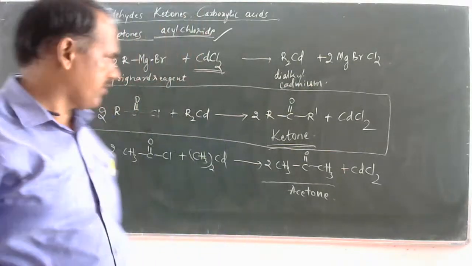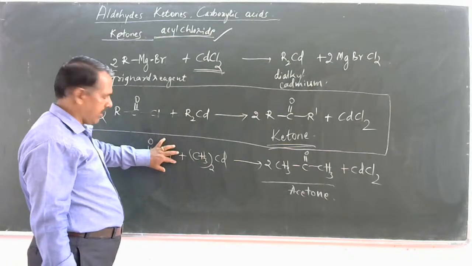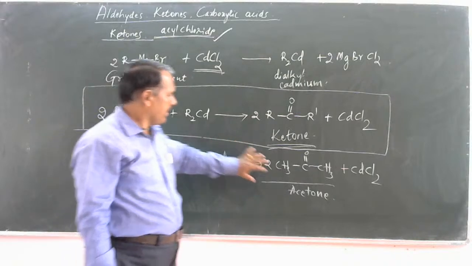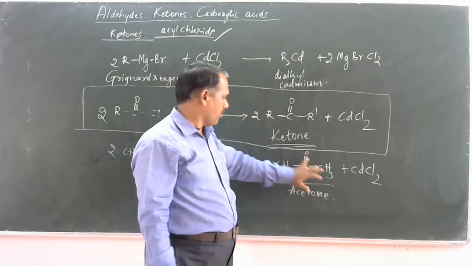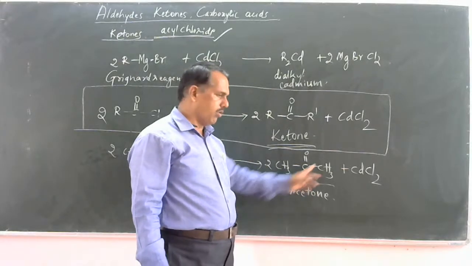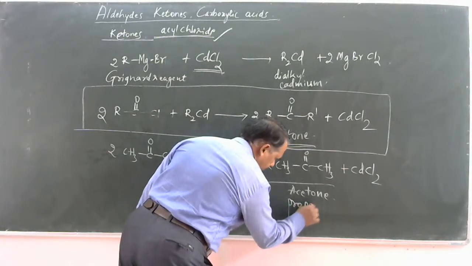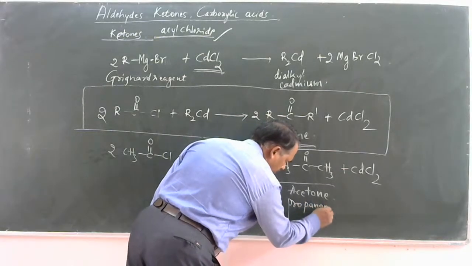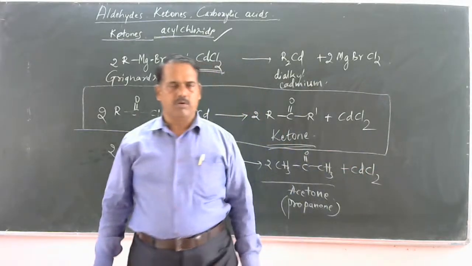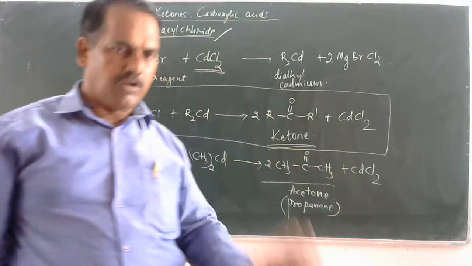A particular reaction: CH3C=OCl, then (CH3)2Cd, we will get 2CH3C=OCH3, acetone, which is nothing but propanone. What is the IUPAC name? Propanone. And cadmium chloride is formed. That's all. A very important preparation of ketone.